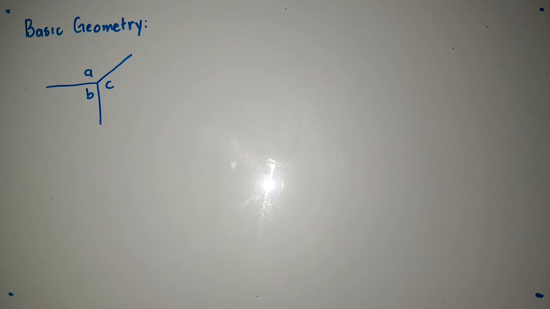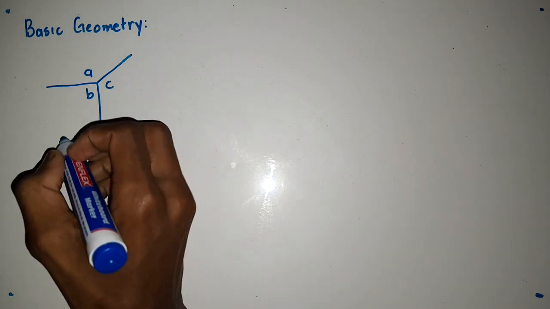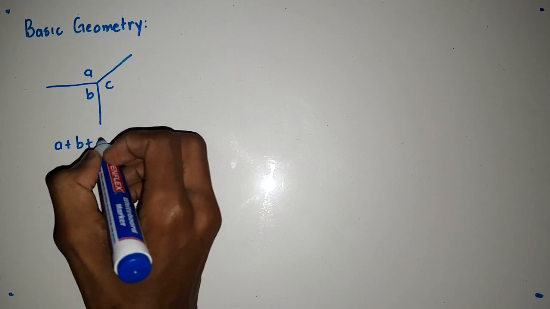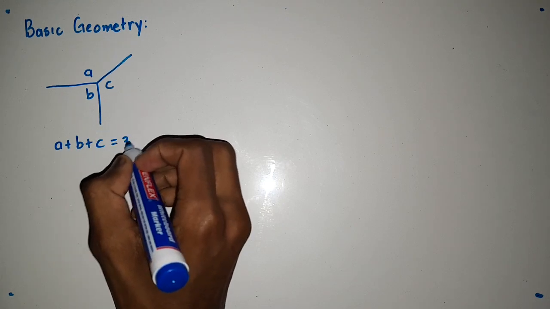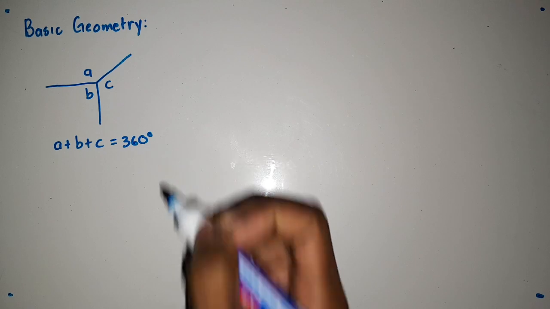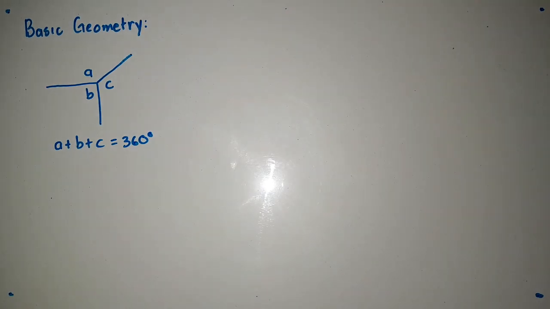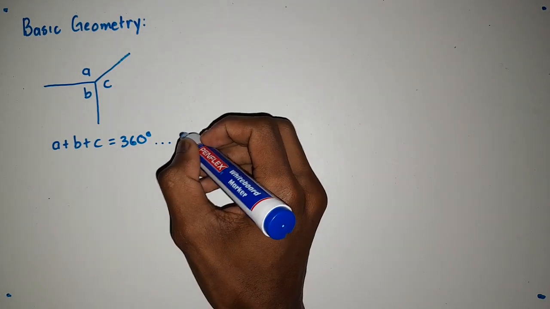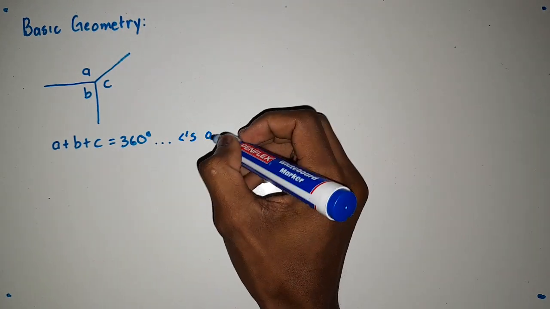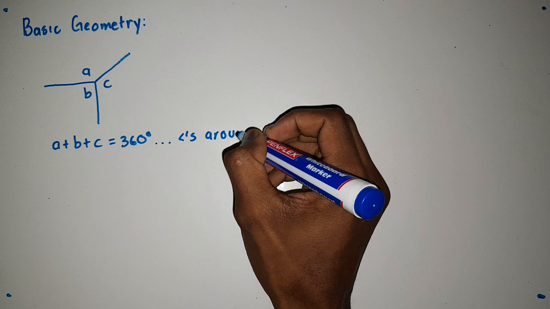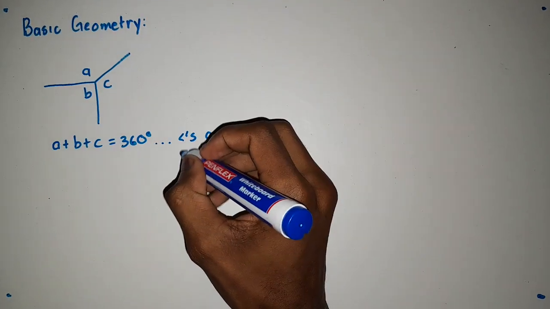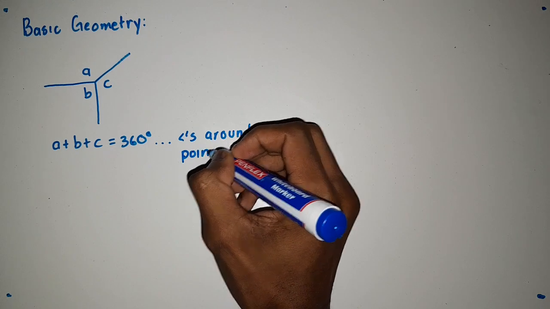For this case, we are going to say A plus B plus C is equal to 360 degrees. The reason for this is angles around the point. Do you understand?